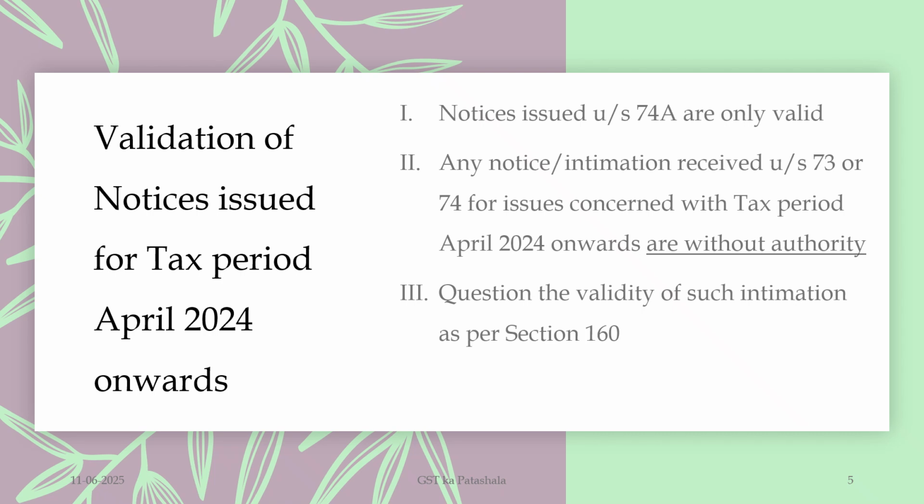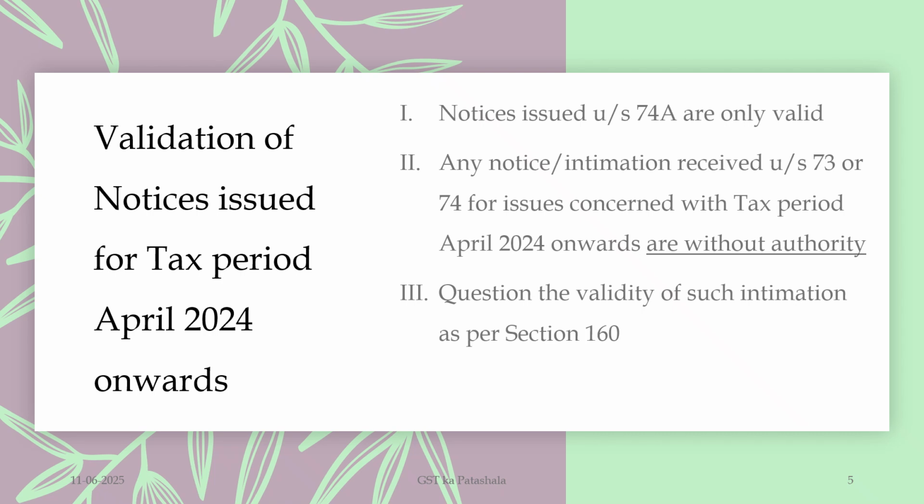So as a taxpayer, what should I do? You have a provision under section 160 where you can challenge the correspondence received. Usually we keep silent on those notices. My suggestion would be to invoke the provisions of section 160, where you tell the proper officer that the document issued is invalid because you don't have proper authority.